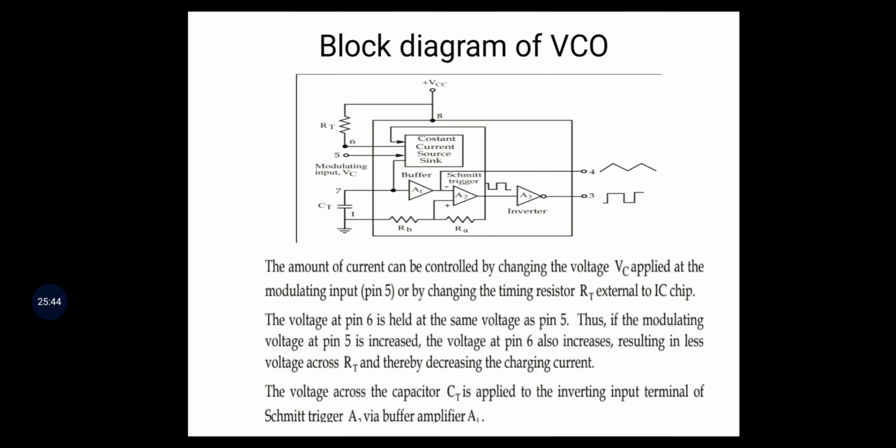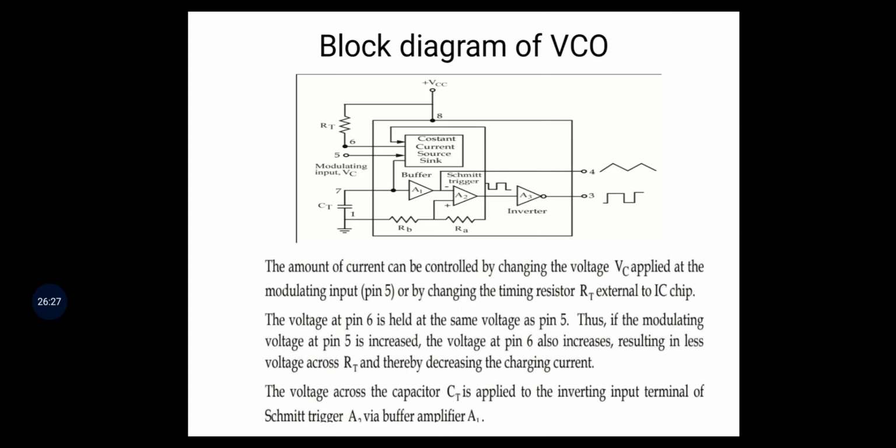If you want to decrease the charging current, you increase the modulating voltage VC. If the modulating voltage VC decreases, then the pin 6 voltage also decreases and the current increases.